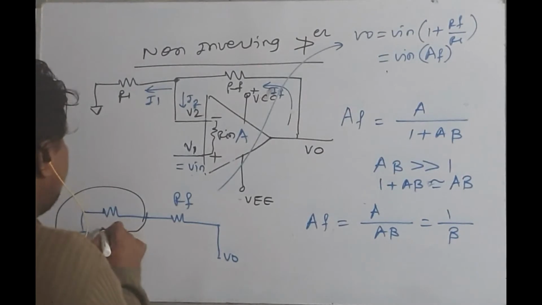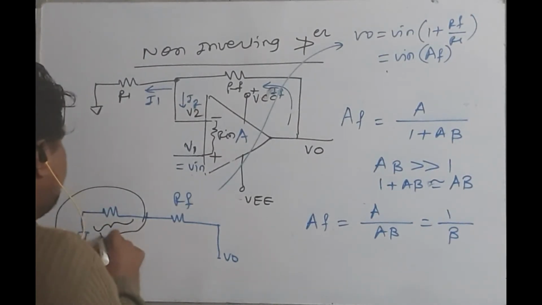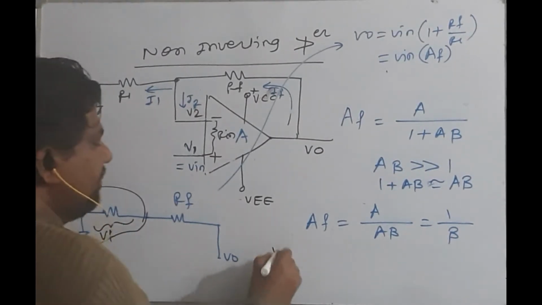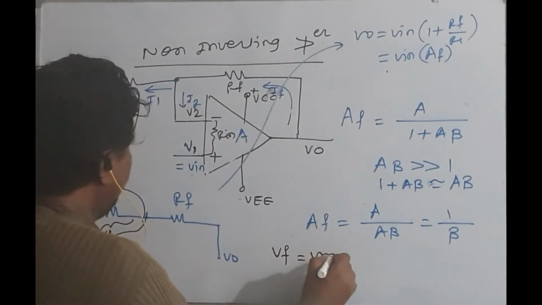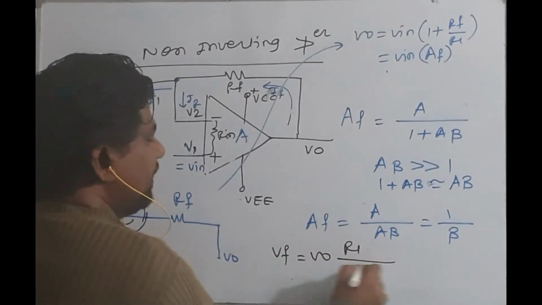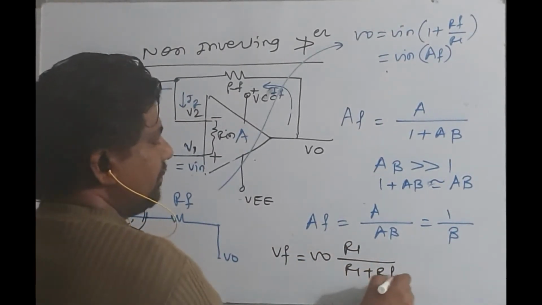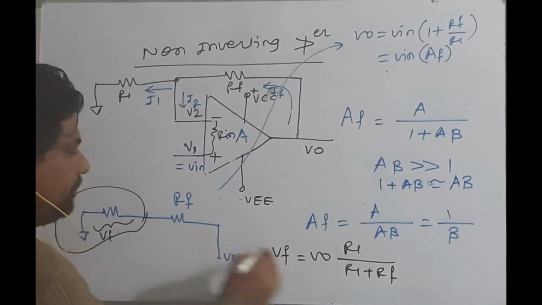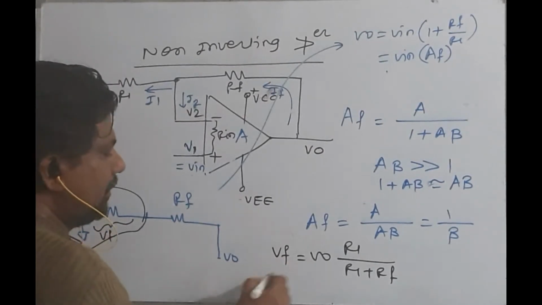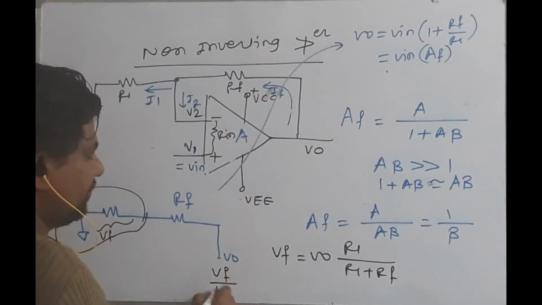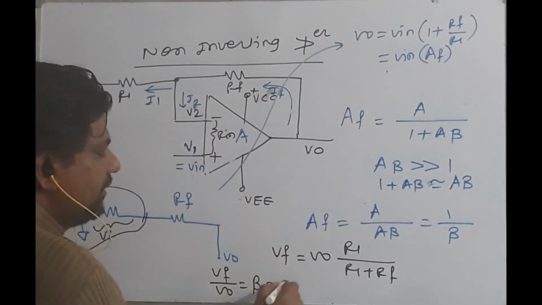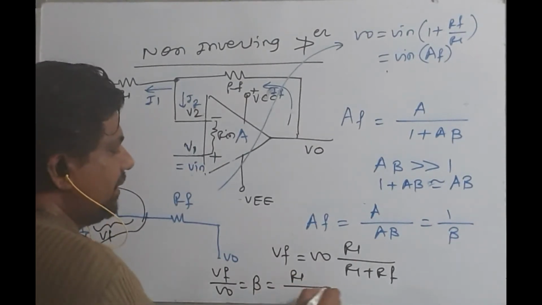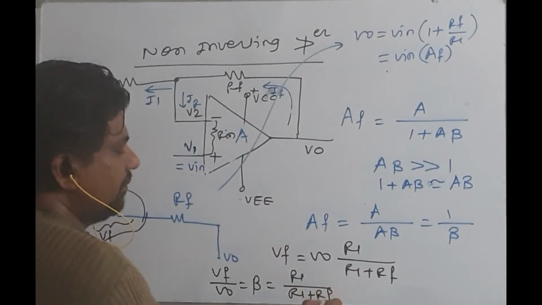This potential is the feedback voltage. So Vf is equal to V0 into R1 divided by R1 plus RF. So we got Vf upon V0 is equal to beta, which is equal to R1 divided by R1 plus RF.